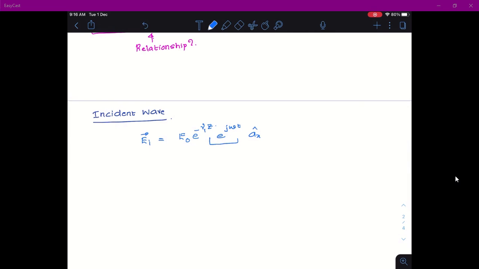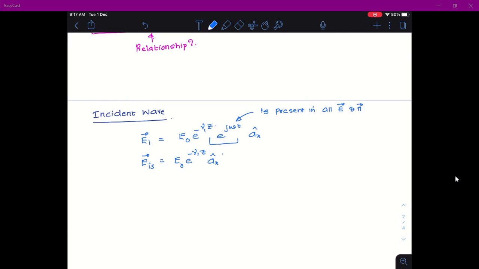So we just say EIS is E0 e raised to minus gamma 1 Z Ax cap, because this component is present in all E and H, whether incident, transmitted or reflected; it is the same.